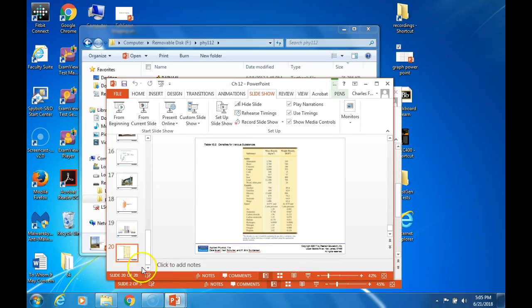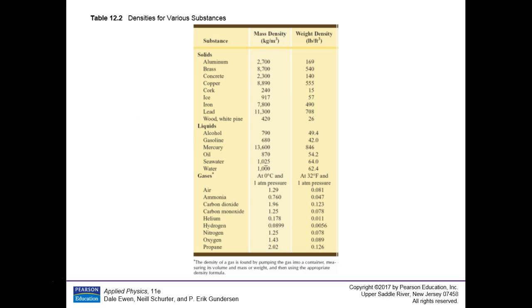Here it is. Now, this is going to be a pretty busy slide, and you probably can't read it from everywhere that you are, but these are some of the densities of various substances. Now, the kilograms per cubic meter, huge. The weight density, pounds per cubic foot, much more reasonable.